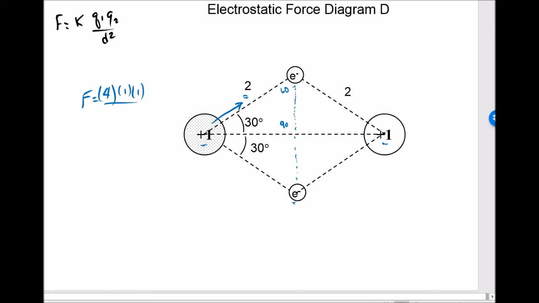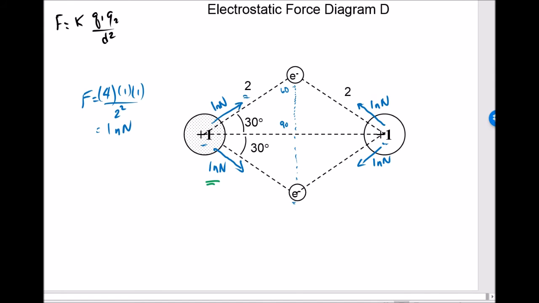Distance is 2, so square it. 2 squared, and we get a force of 1 nanonewton in this direction. You should see by symmetry that it would be the same in this direction. The distances are the same, the charges are the same, and you should see that we've also got that here. So we have 4 forces for the price of 1 calculation.